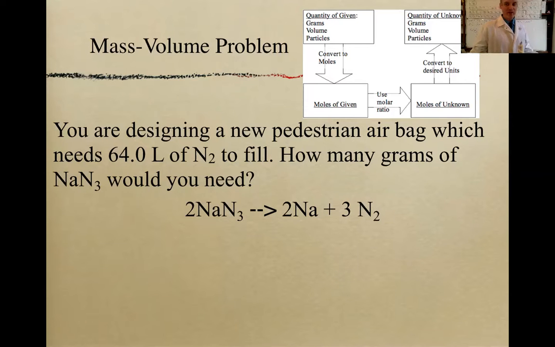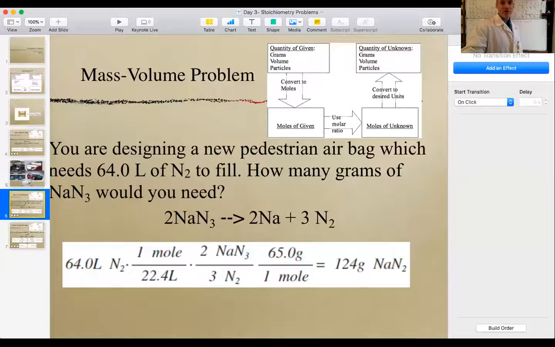It won't overinflate and rupture. It won't underinflate and not do its job. It will fill up to the correct amount and cushion the blow of someone coming in contact with the hard surfaces of the windshield and framing of the vehicle. So we need a volume of 64 liters, and we have our reaction there. Let's do the problem here together on the whiteboard.